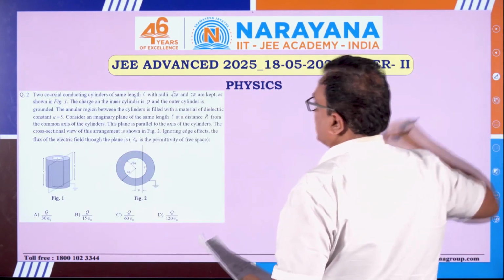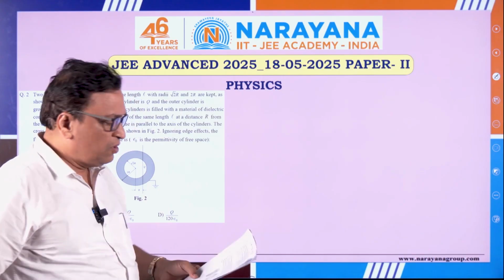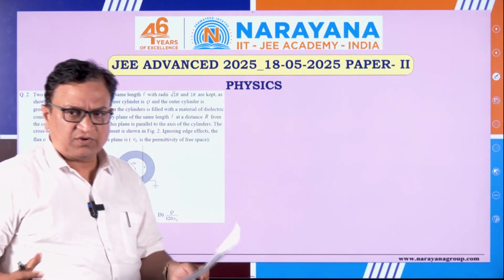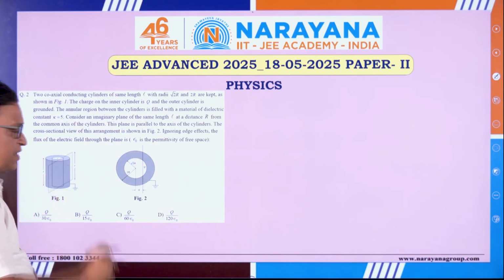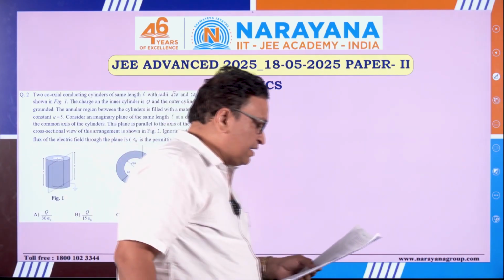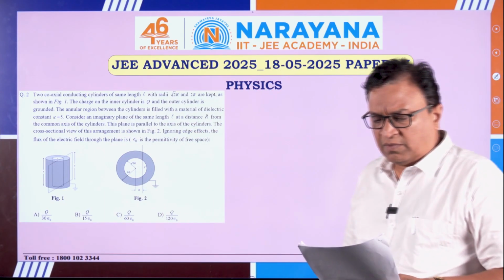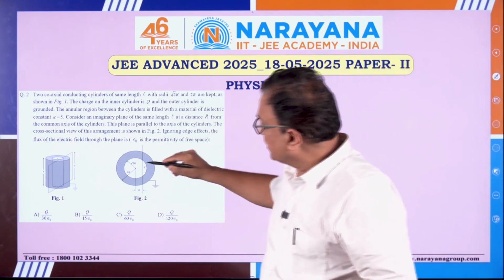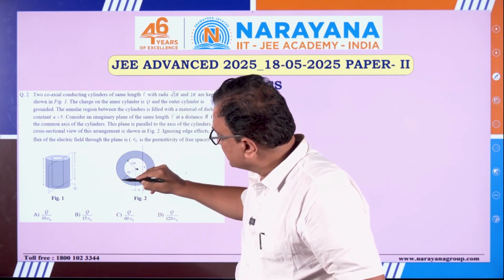The next question is on the basis of the Gauss law. You have two coaxial conducting cylinders. You can see that in the diagram. In this diagram, coaxial conducting cylinders of same length L and radii root 2r and 2r. This is root 2r and this is 2r.